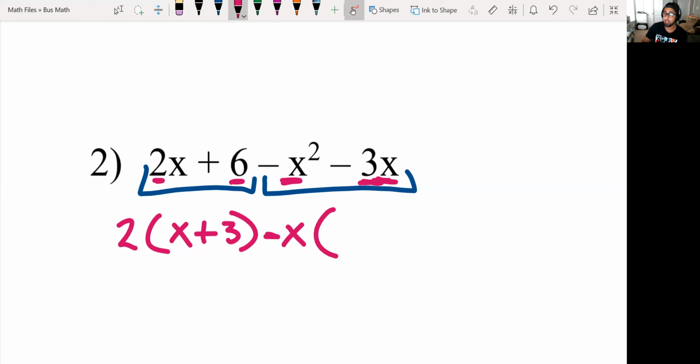Now, negative x from negative x squared, negative over negative becomes positive, so this gives you x. And negative x from negative 3x, negative from negative gives me positive, and the x's will cancel, giving me 3.